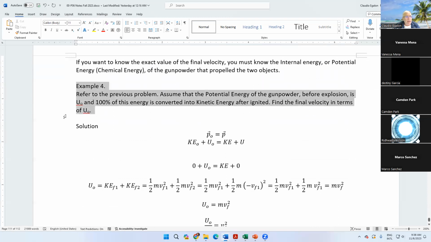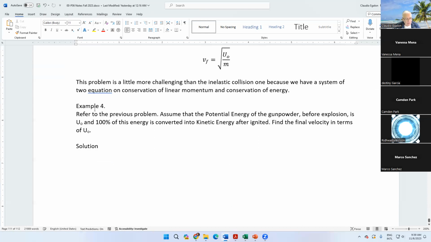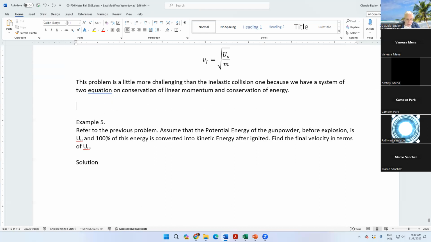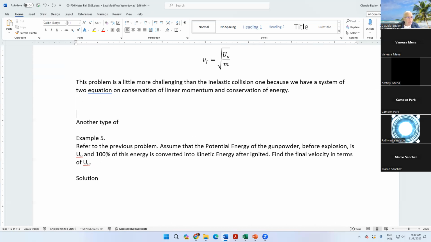And then we can go ahead and look at another one. Example 5. Another type of collision, another type of 1D collision. The totally elastic collision, okay?